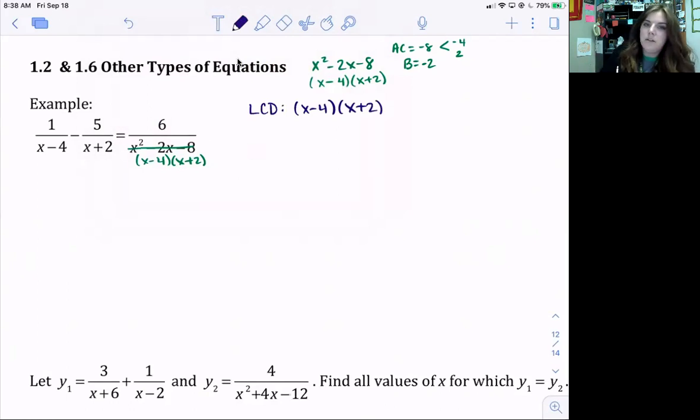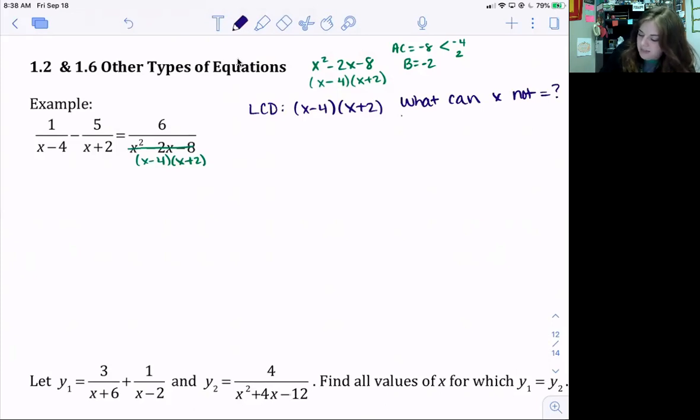Once we've found our least common denominator, we need to be careful and determine what x cannot equal, because remember, we can't have 0 in our denominator. The easiest way to do this is set your denominators equal to 0, which will happen to be your common denominator.